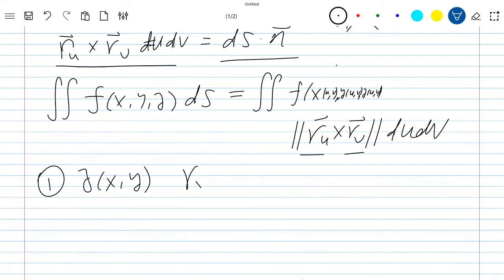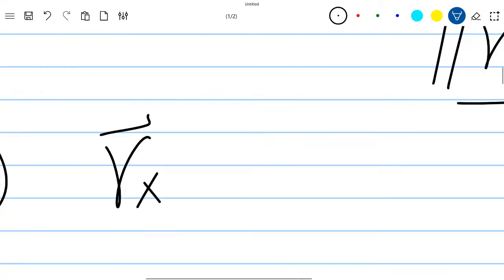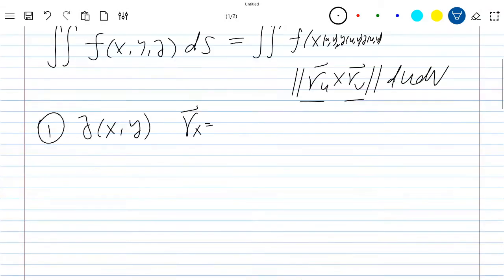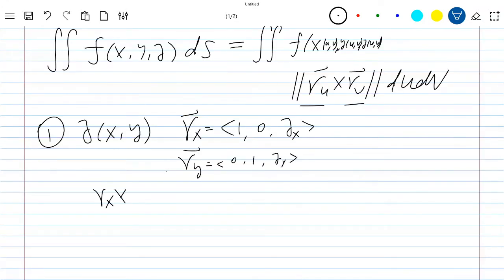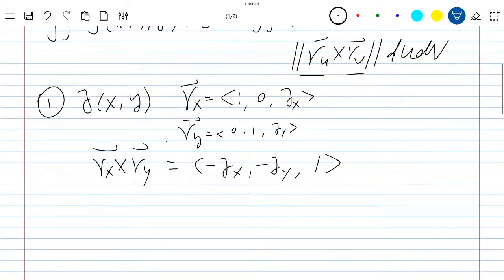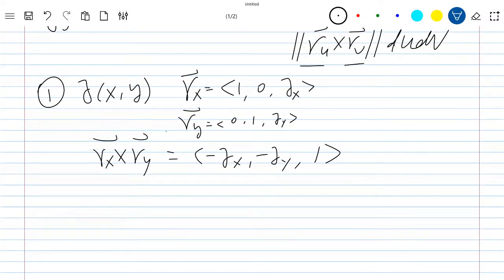So Rx is just 1, 0, Zx, and Ry equals 0, 1, Zy. If you take the cross product, you will see it's negative Zx, negative Zy, and 1. If you take the norm, it's the usual square root formula we know.